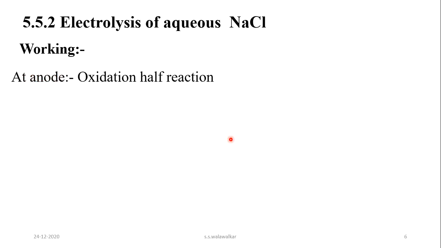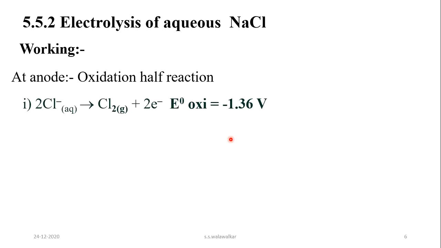Now at the anode, what happens? See here. At the anode, oxidation takes place, and oxidation means loss of electrons. So at the anode, two chloride ions give chlorine gas and 2 electrons. It loses its charge and gives chlorine gas. It is an oxidation process, so the potential developed is called the oxidation potential, and under standard conditions it is called the standard oxidation potential.